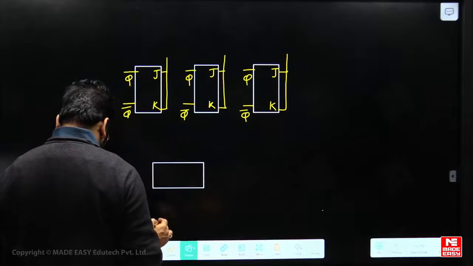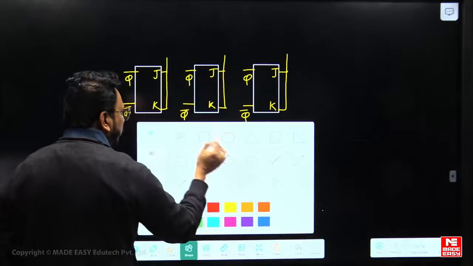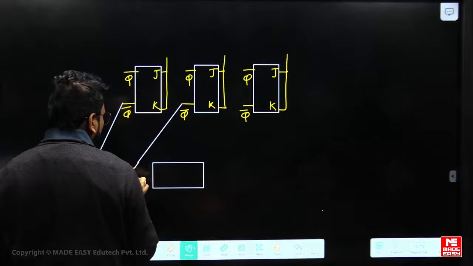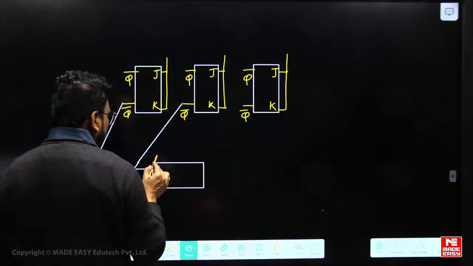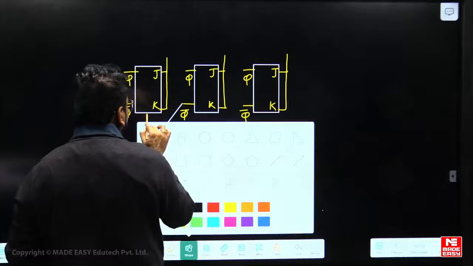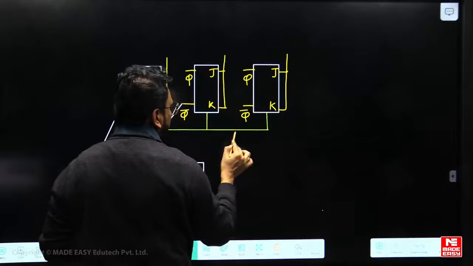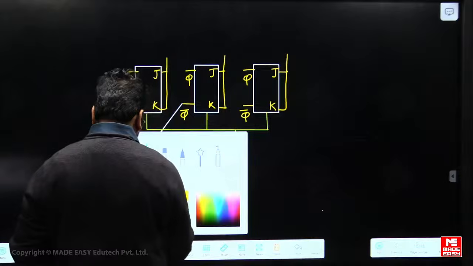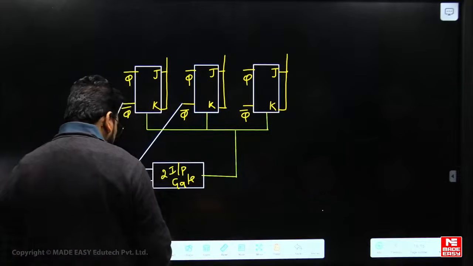They gave it like this, and they took the connection from this and also from this. So it is a two input gate. What should this gate be? They give the options here.